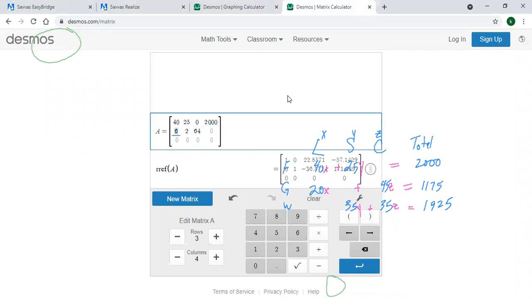In the next row, I've got 20, 0, and 45. The total was 1175. In the last row, 0, 35, 35, and the total was 1925.